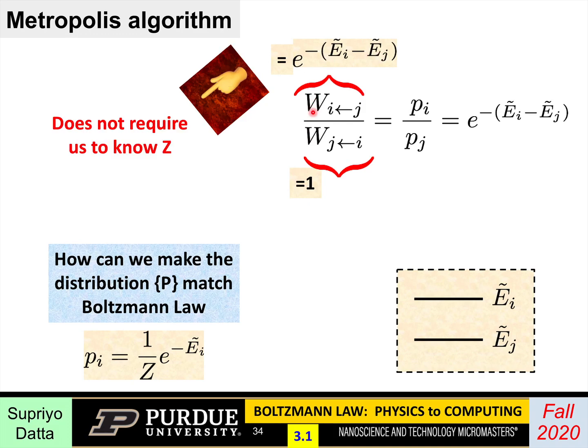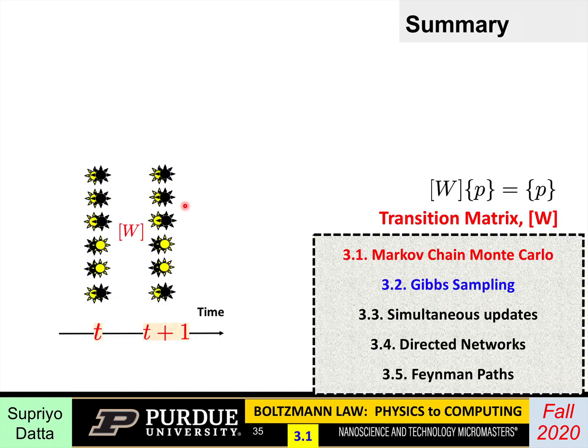Now, what makes this practically useful is the fact that I didn't have to know Z, this constant in front, in order to employ this method. So that is what we wanted to talk about in this lecture, where I wanted to introduce this transition matrix, which is a stochastic matrix with some very interesting properties, and whose stationary distribution gives us the probability that we want.